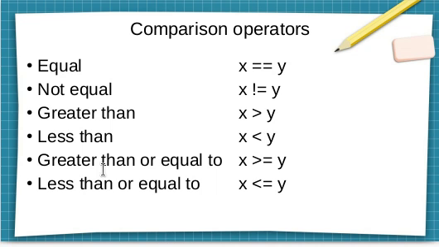Less than. Greater than or equal to: if x is 5 and y is 5, it is true. If x is 6 and y is 3, it is true. But if x is 2 and y is 6, it is not true. Like this, less than or equal to, x less than or equal to y, will give us true if x is less than or equal to y.